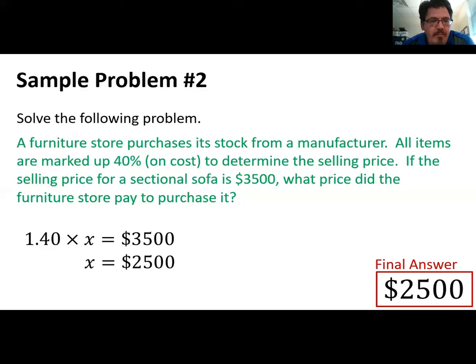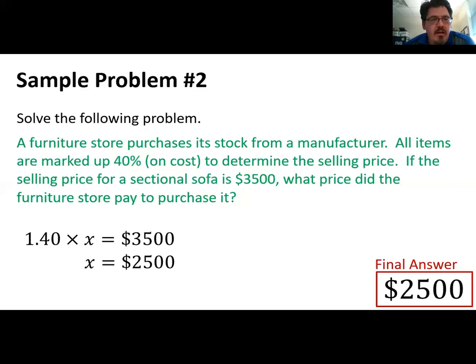You can basically do this problem like we did in sample problem number 1, and start with the $2,500, and then figure out what 40% of 2,500 is, and then add that on to the 2,500 to see if it does in fact give you the new selling price. 40% of 2,500 is 1,000. And 1,000 plus 2,500 is the 3,500. And so again, if you think through the problem and go back and double check to make sure your answer makes sense, it does work out, and we're good to go.